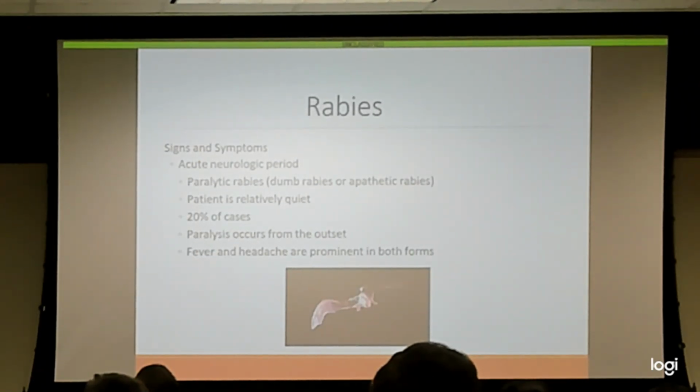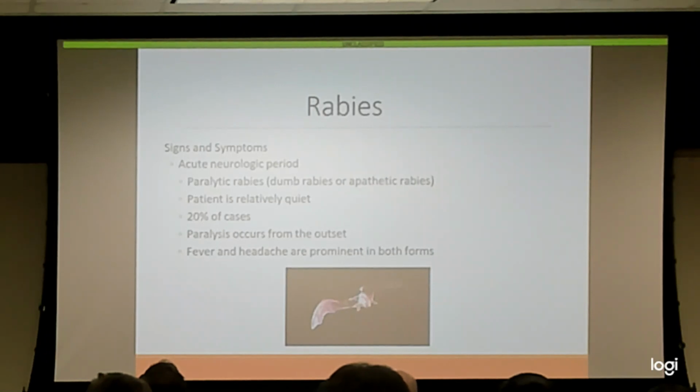Okay, paralytic rabies or dumb rabies is different. Although it's doing the same thing, right? It's going to your brain, it's causing you hallucinations and all these other things. This one is actually affecting your muscles more than furious rabies. The paralytic rabies is actually paralyzing your muscles. It's keeping you from wanting to move.